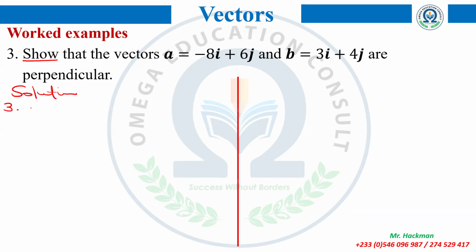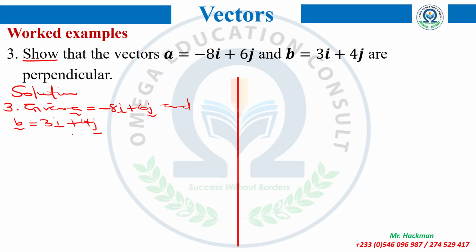First of all, don't forget your number. Given A, that is equal to -8i plus 6j, and B is equal to 3i plus 4j.